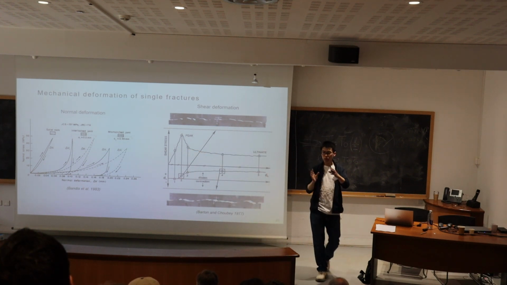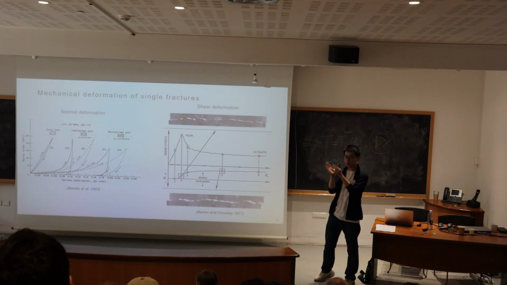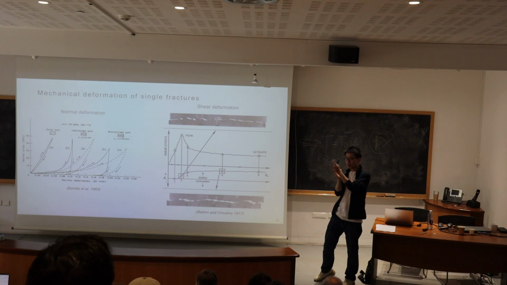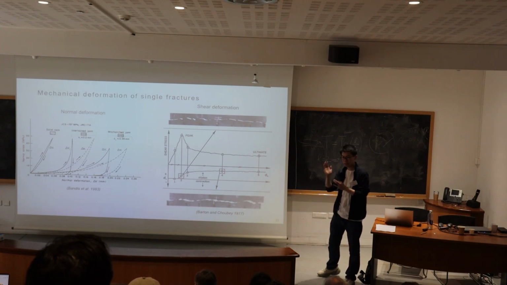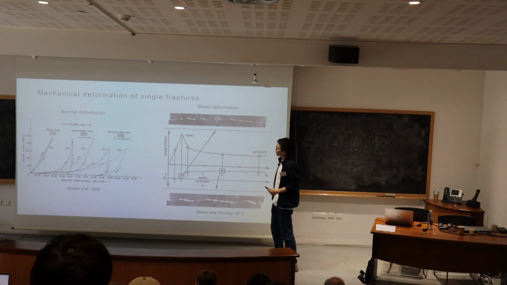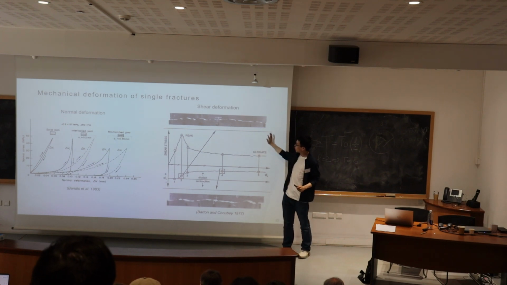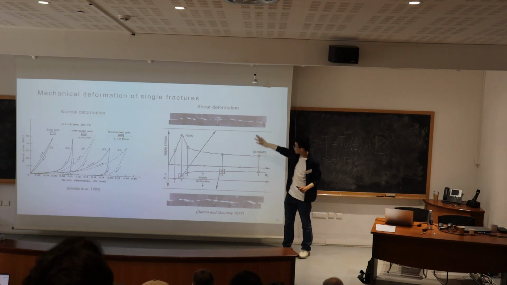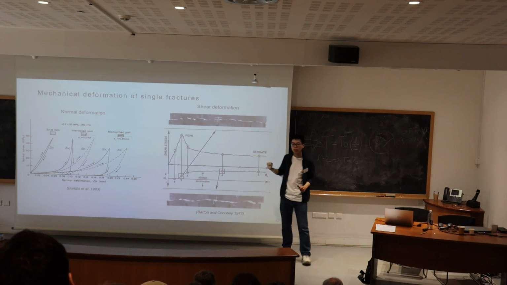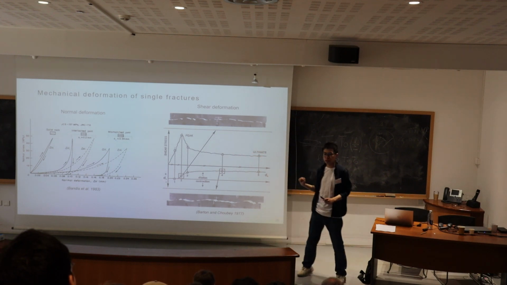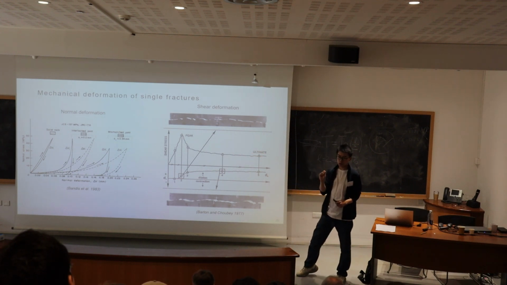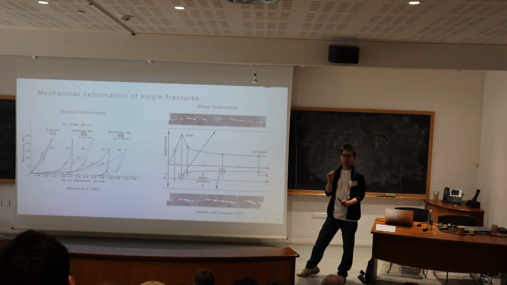When we load the fracture sample, it will either normally close or it can also tangentially shear. The complexity of this behavior, the complex behavior of fracture deformation, arises from the intrinsic roughness of fractures.